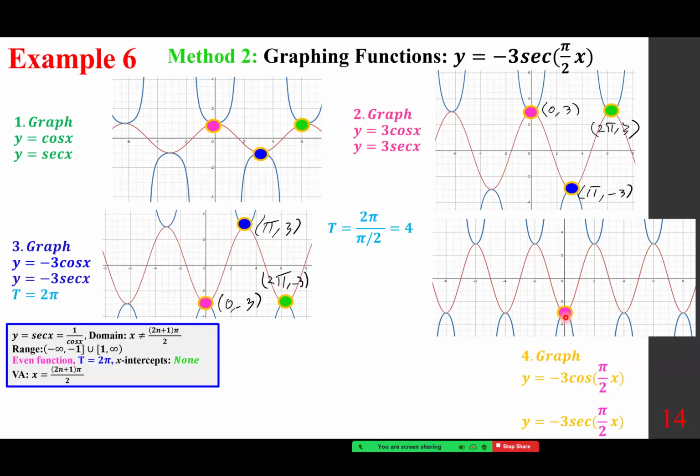So take a look at this one. 0, negative 3 doesn't change. This one, pi, 3, becomes 2, 3.